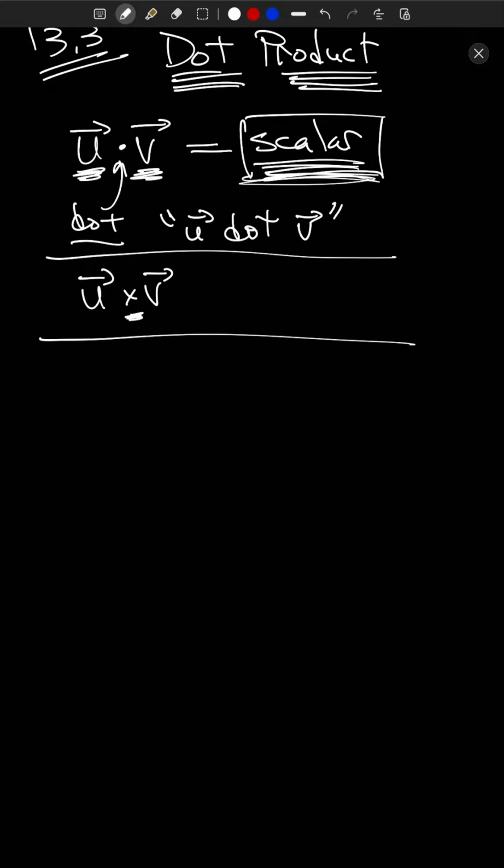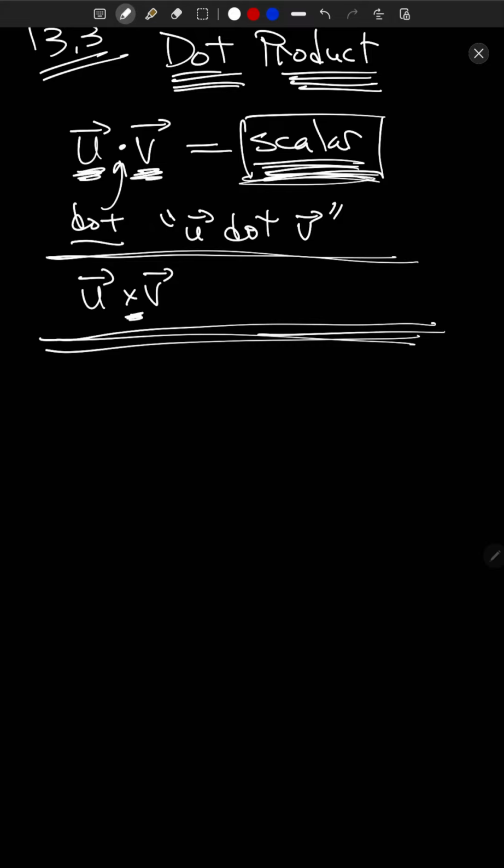So the deal is here. The book introduces the dot product by taking the graphical point of view, but I'm going to do it differently because I don't like the way the book does it. The book writes down a formula for the dot product, and it's a completely mysterious formula that seemingly comes out of nowhere.